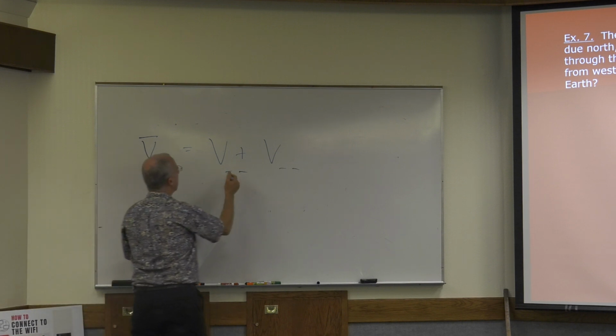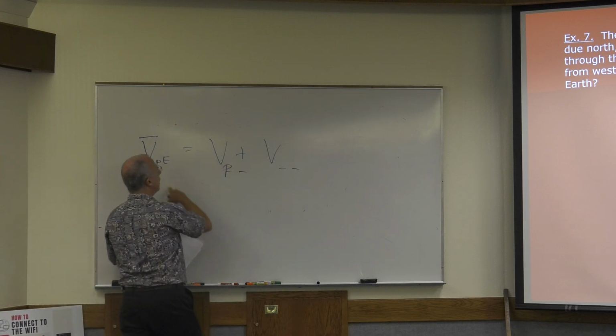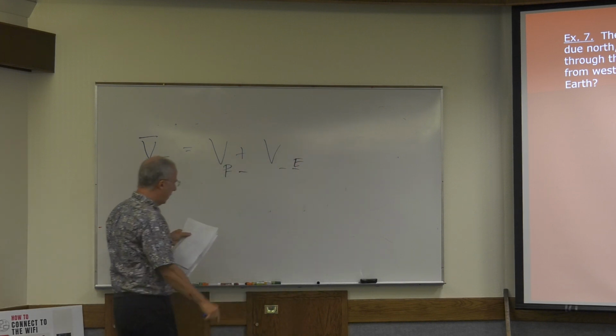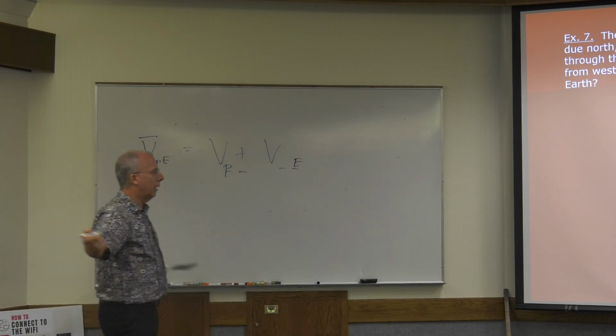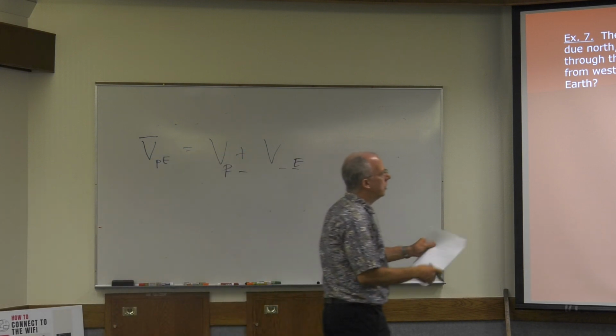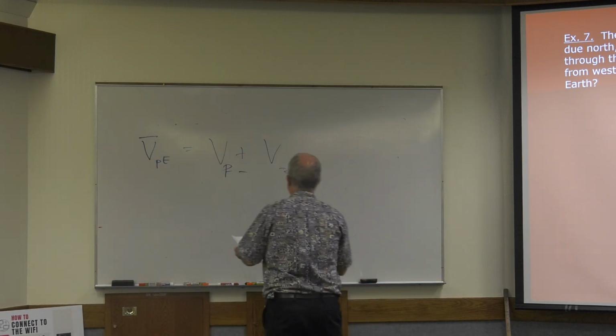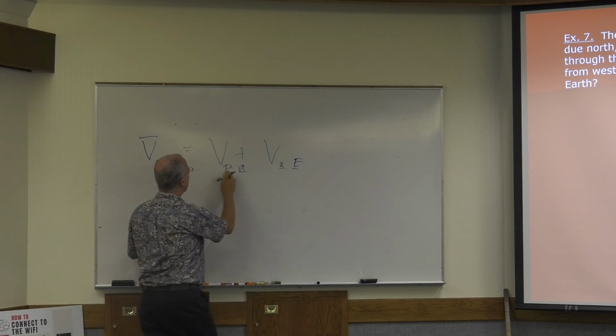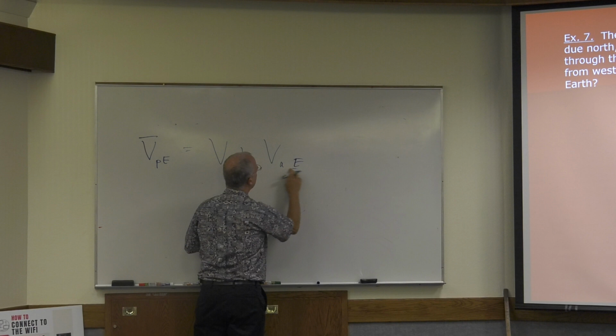P is on the left, P is on the left. Earth's on the right, Earth's on the right. These guys have to be the same. Now, what do we know? We know something about the air, so it's going to be air. There's a funny formula.